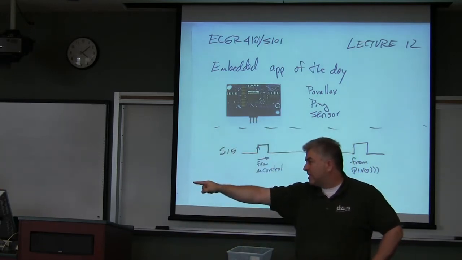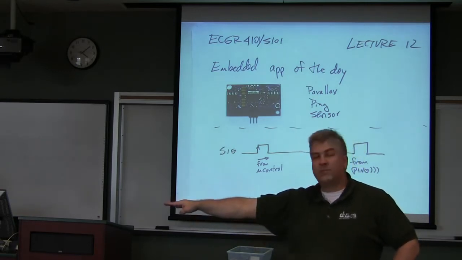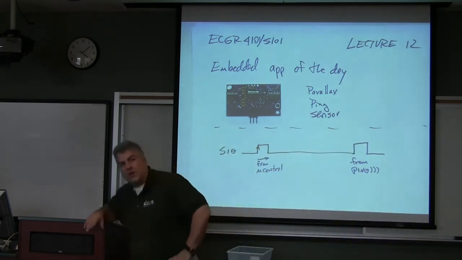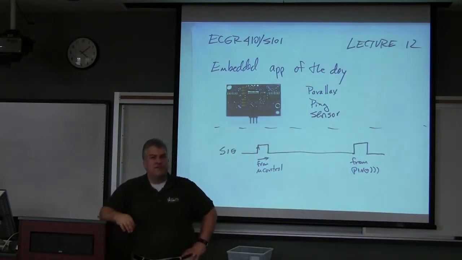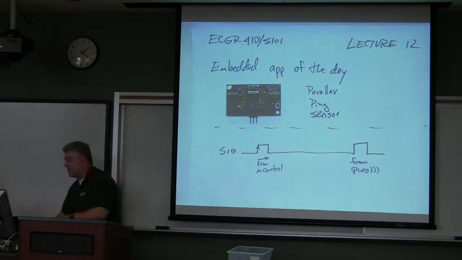It'll probably get that chair. So if I move further out here, it'll come back if I'm close enough here. So the one problem with any type of reflective sensor is that you have to have a nice surface that it's going to rebound off of. All right? Any questions about the ping? That is today's embedded application.